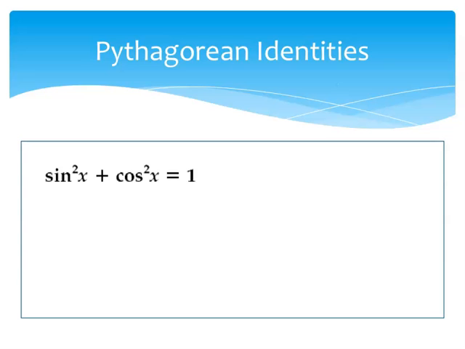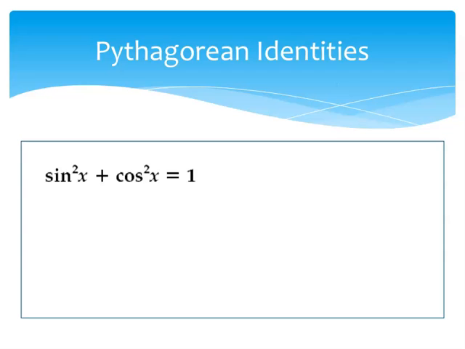So the first one is sine squared plus cosine squared equals 1. Now do note the squared being on sine means the entire thing is being squared. If we put the squared on the x, then it might look like only the x is being squared. But remember, sine on its own isn't a value itself, right?